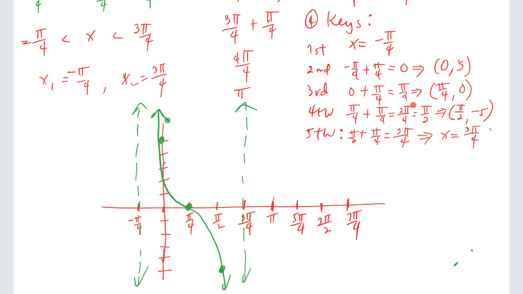Now since I know the shape, I'm just going to follow exactly the flow of the graph here. So we have pi and then 5, and over here and then down here. And then this would be our asymptote.